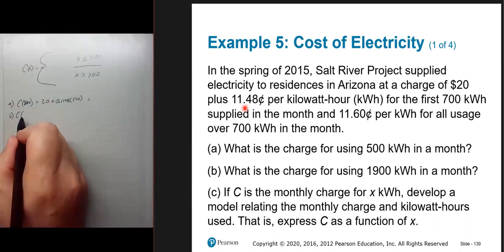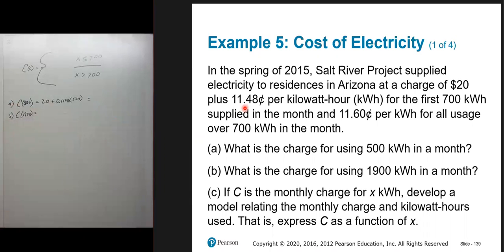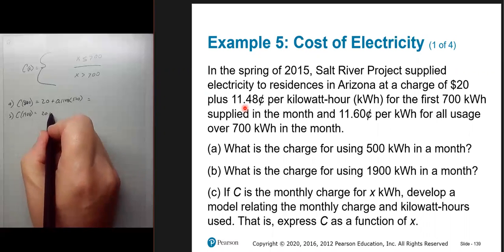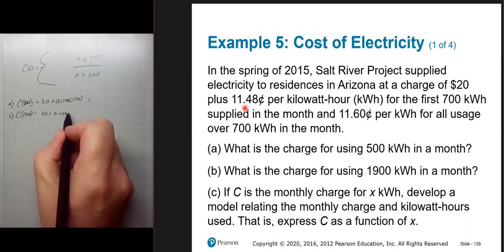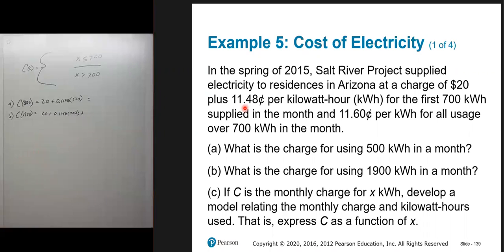And letter B, they want to know the charge for 1900 kilowatt hours. Well, 1900 is more than the 700. So for the first 700, they're going to be doing $20 plus the $0.1148 times the 700, plus the remainder.